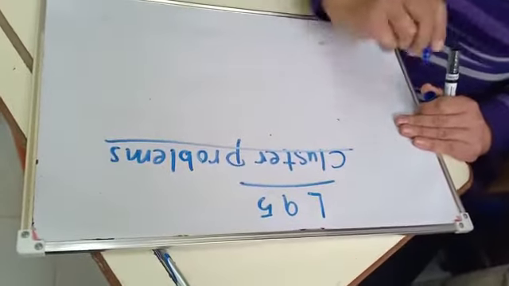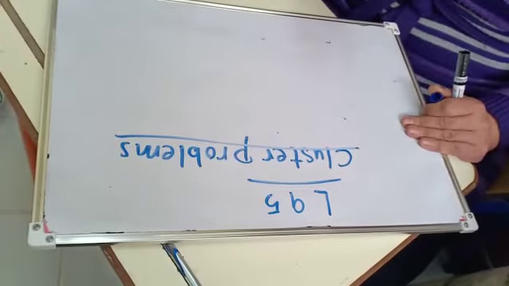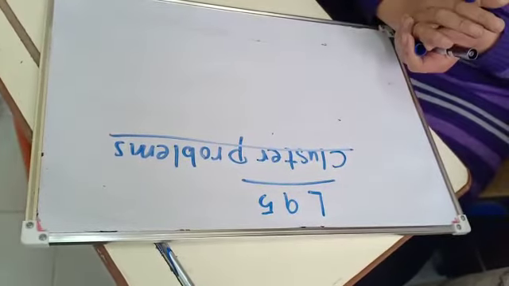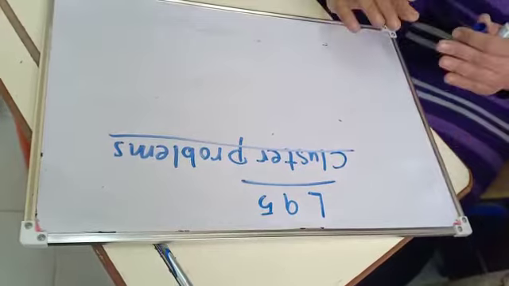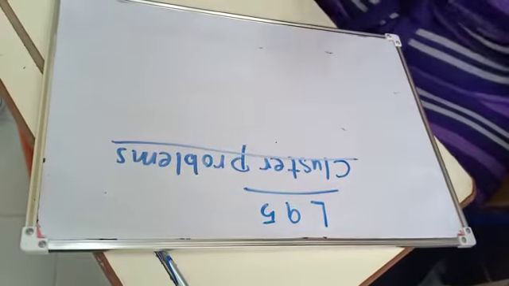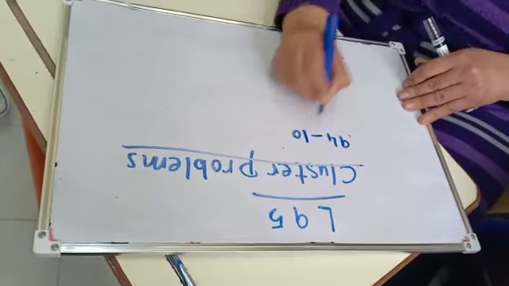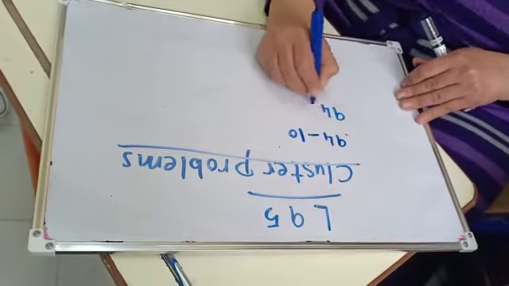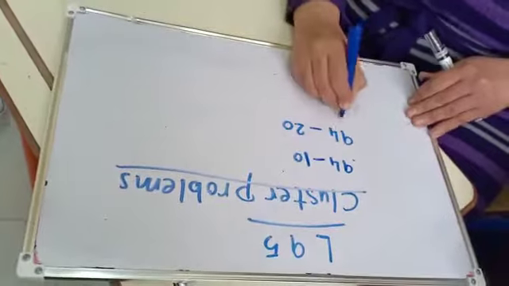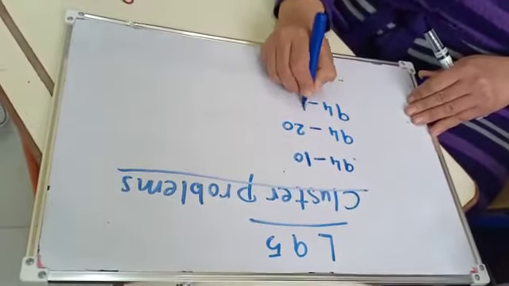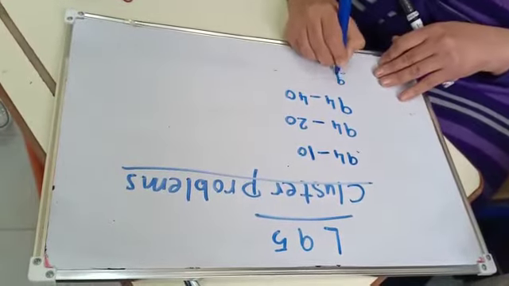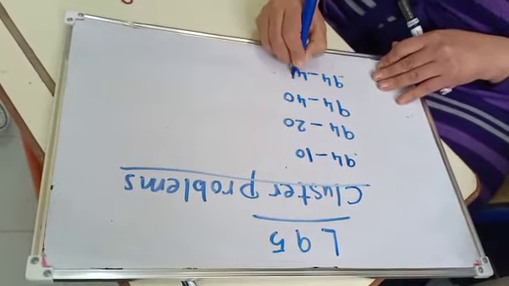Cluster problem means that I'm going to have a group of subtraction problems, mainly where the first number is the same. For example, 94 minus 10, 94 minus 20, 94 minus 40, 94 minus 44.